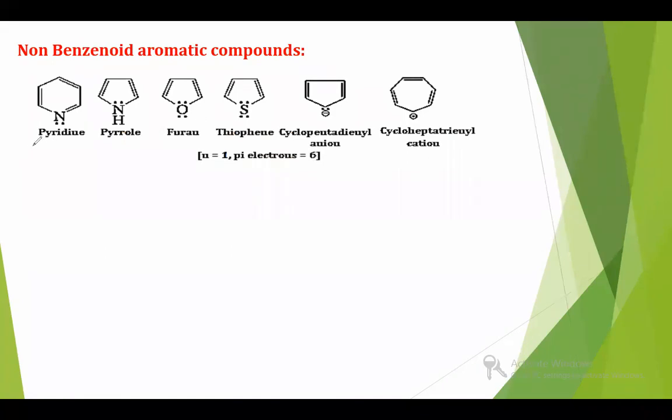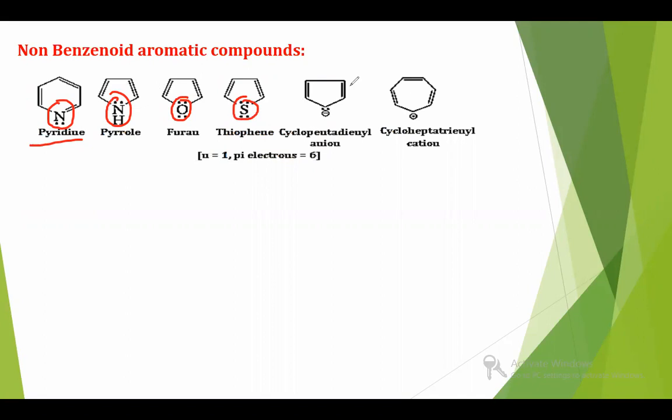You can notice here pyridine: we have 5 carbons and 1 nitrogen. Pyrrole: 4 carbons and nitrogen with hydrogen. In furan, one of the carbons is replaced by oxygen. Here, one of the carbons is replaced by sulfur in thiophene.